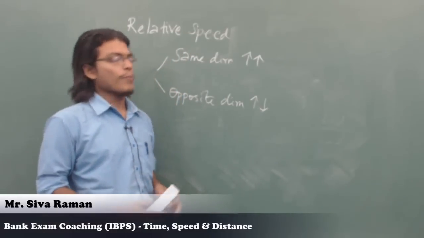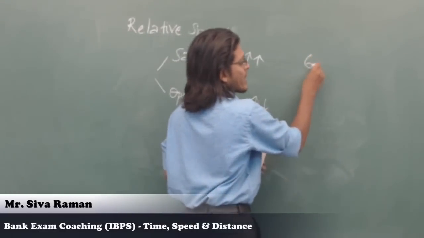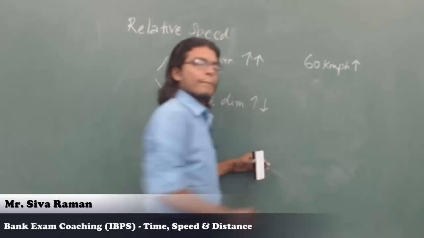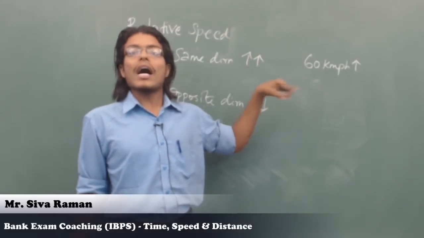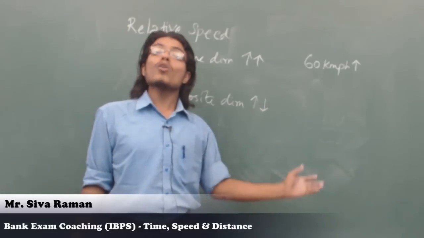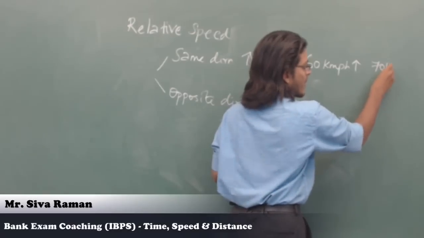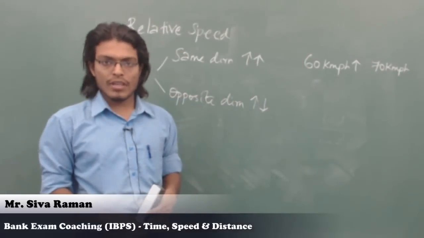I will give you a scenario. Imagine you are traveling in a bus that is moving at 60 kilometer per hour. You are going on a highway, the bus is moving at 60 kilometer per hour. Another bus starts overtaking you and its speed is 70 kilometer per hour.